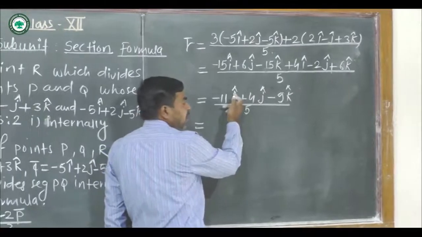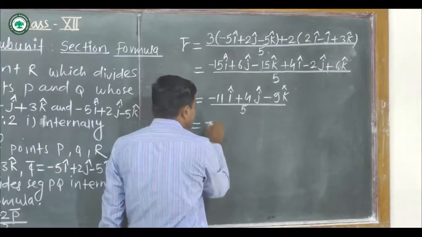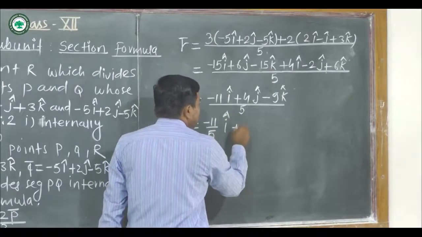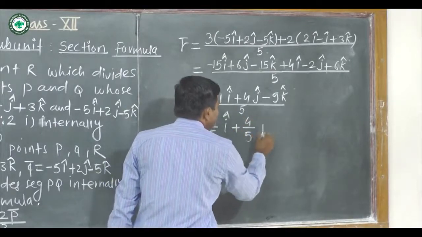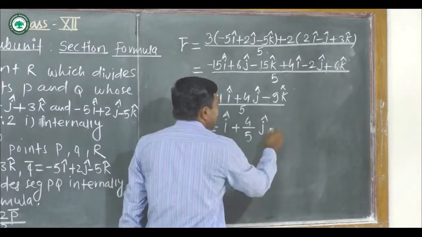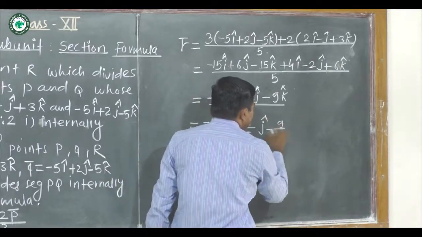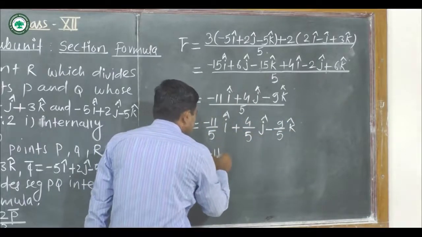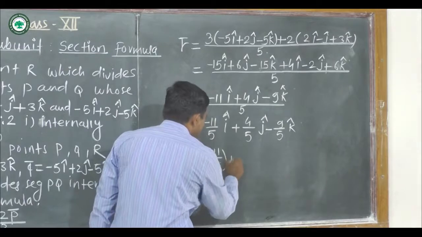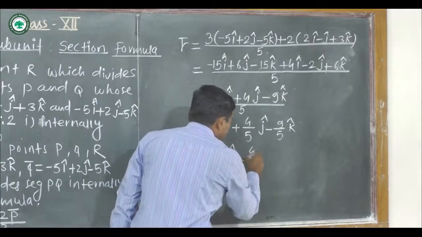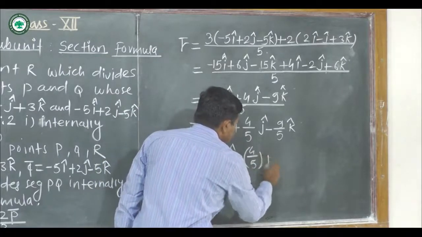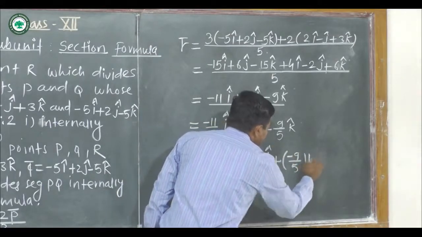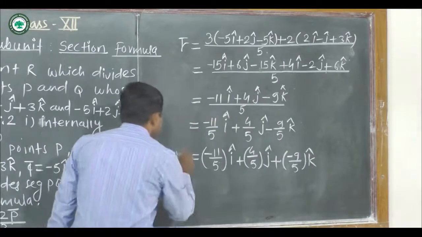So again it is equal to, divide each term in the numerator by 5, so we get minus 11 divided by 5 into i cap plus 4 divided by 5 into j cap minus 9 divided by 5 into k cap, or this can be written as minus 11 by 5 into i cap plus 4 by 5 into j cap plus minus 9 by 5 into k cap, and now this is r bar.